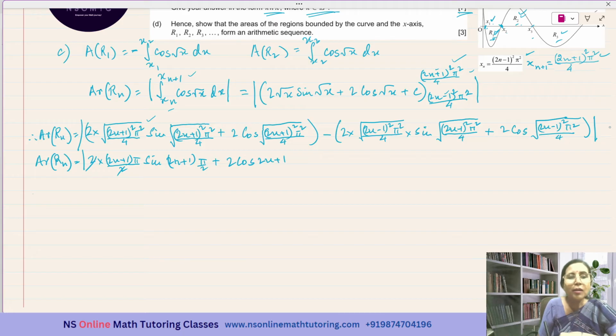I'm writing pi over 2 because this will be telling me that this is an odd multiple of pi over 2, because sine pi over 2 is equal to 1 and sine 3 pi over 2 is equal to negative 1. So it can either be positive 1 or negative 1, but it will not be equal to 0, because if it is 2n pi over 2, that will be equal to n pi, and sine n pi will be equal to 0. That is why I have written this separately, just to show that sine of an odd multiple of pi over 2 is either equal to positive 1 or equal to negative 1. Okay. So this and pi over 2.